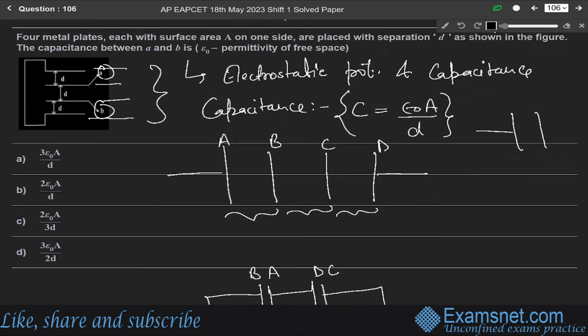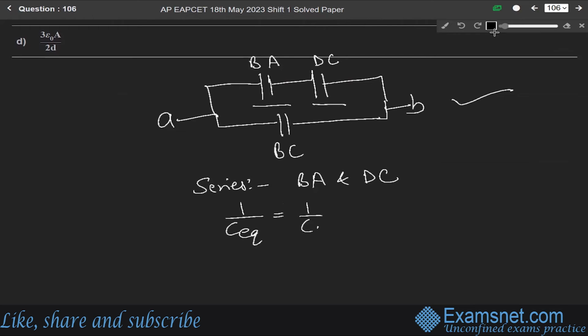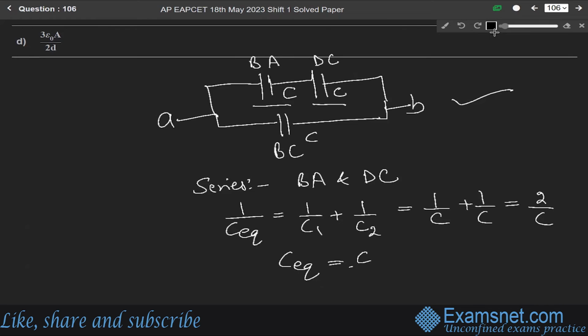Solving this circuit, we will get the desired answer. Since BA and DC capacitors are connected in series, for series we know that 1 over C equivalent equals 1 over C1 plus 1 over C2. Since each capacitor has a capacitance C, we get 1 over C plus 1 over C, it will be 2 over C. So C equivalent for BA and DC will be C by 2.